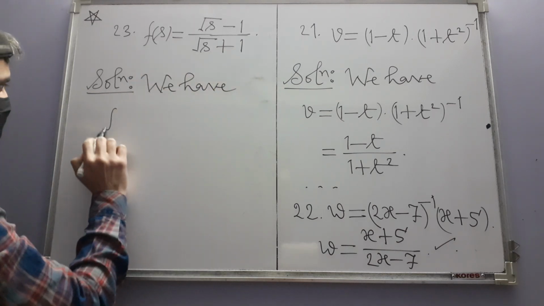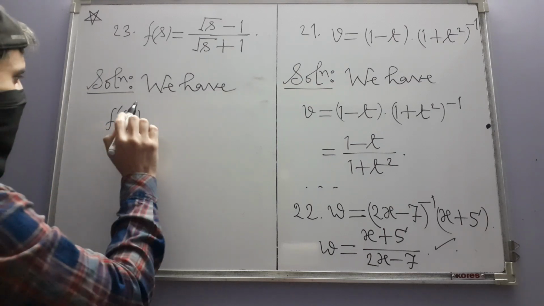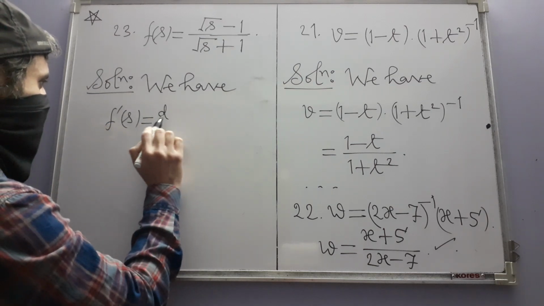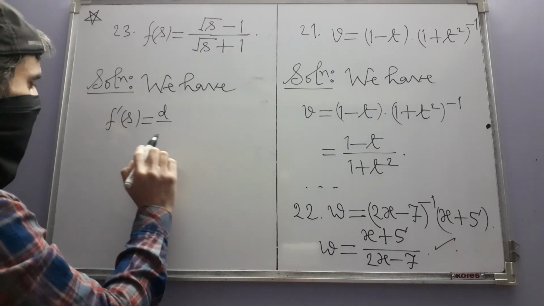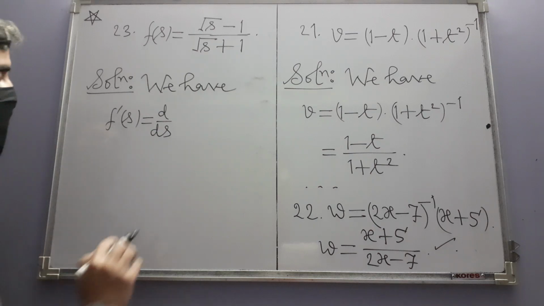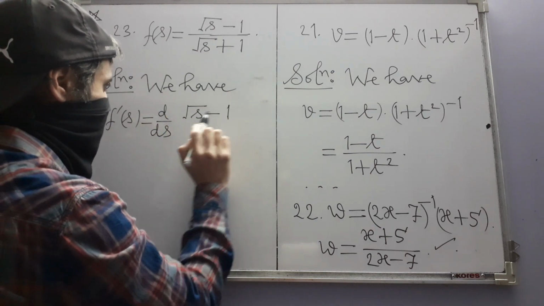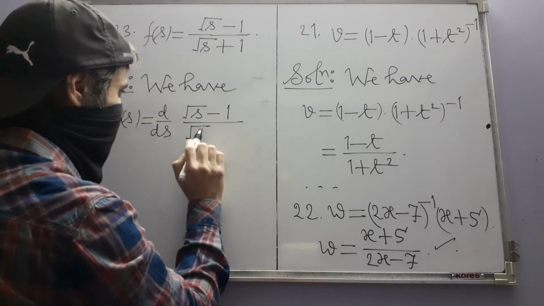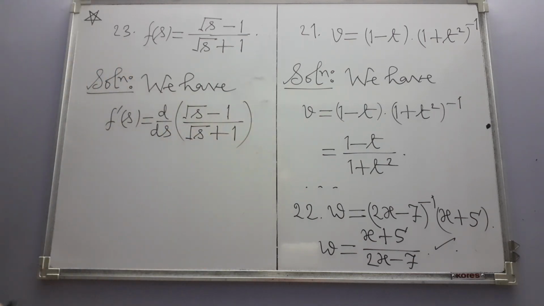So again here let's write the derivative as f prime s. Don't write d/dx or d/dt, because s is the independent variable. Minus 1 divided by root s plus 1.